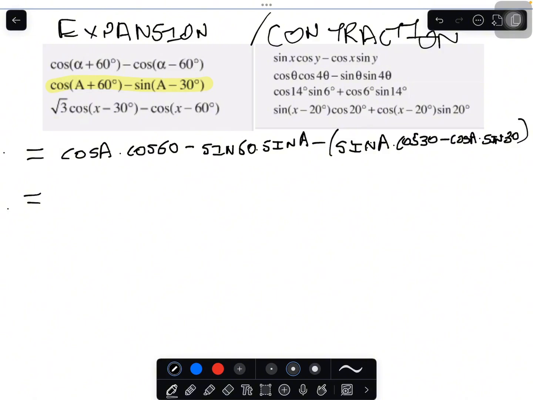So we know that cos 60 is equal to a half, so I'm going to have half cos A minus sine 60 is root 3 over 2 sine A. Cos 30 is root 3 over 2.